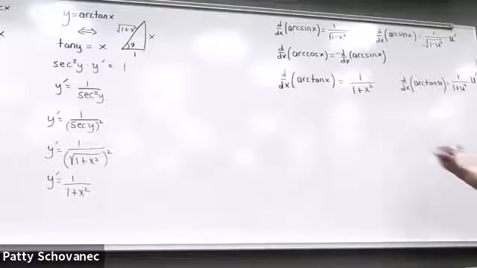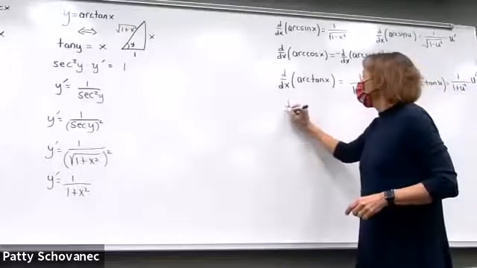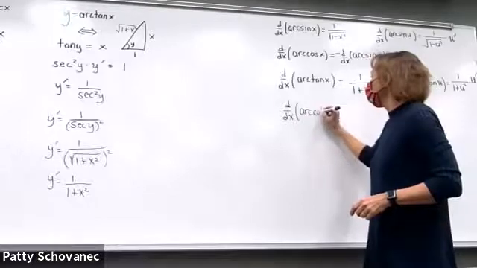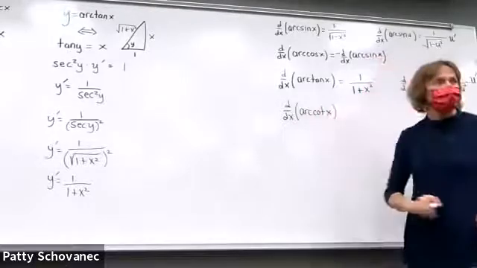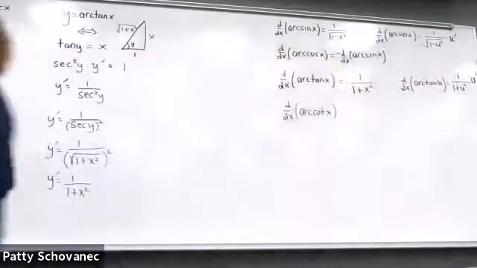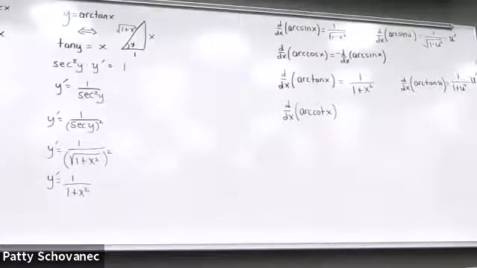Take a wild guess at what the derivative with respect to x of the arc cotangent is going to be. First, what's the derivative of a cotangent? It's a negative cosecant squared of x.